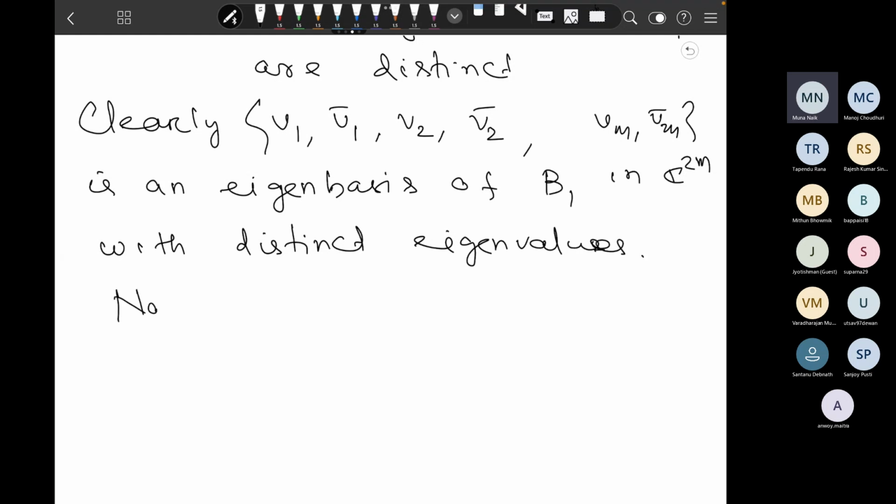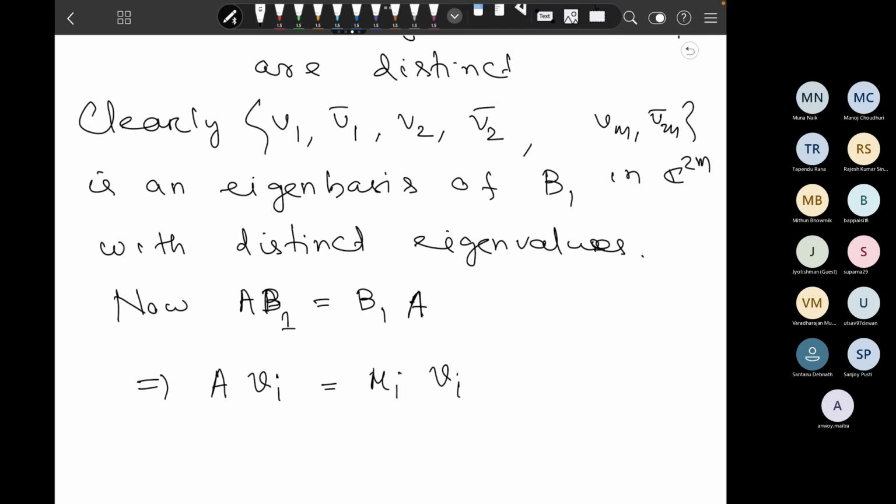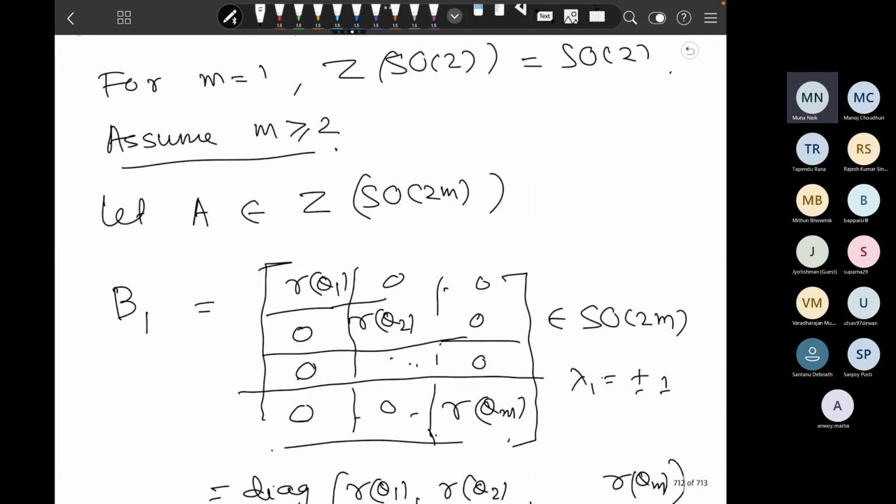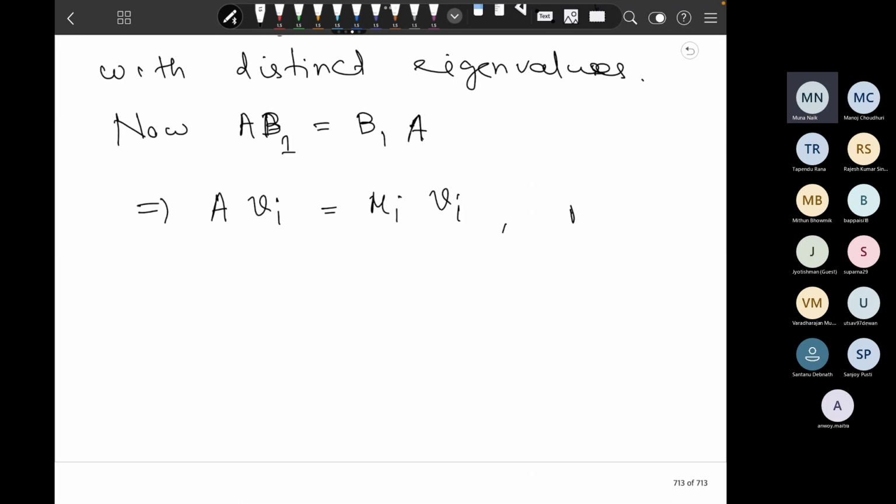Now A B1 is equal to B1 A. This will give me A of Bi is really mu i Bi, by that discussion. Now since A belongs to SO2m, the modulus of mu i has to be 1.